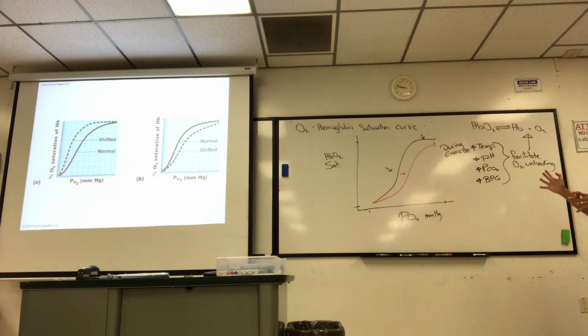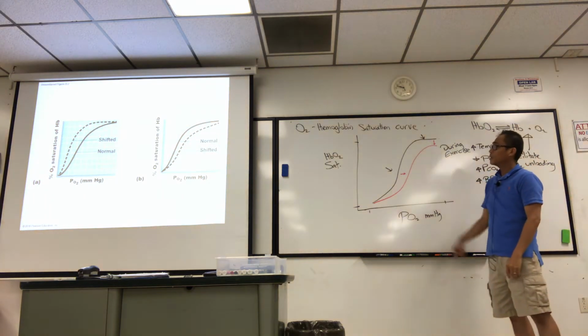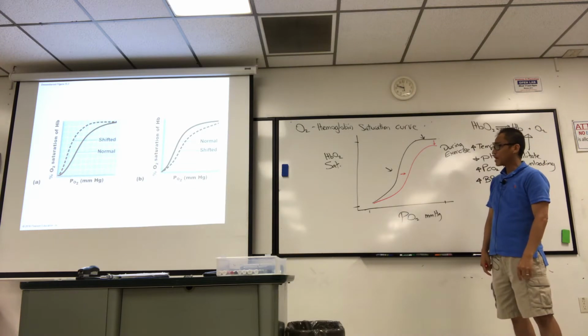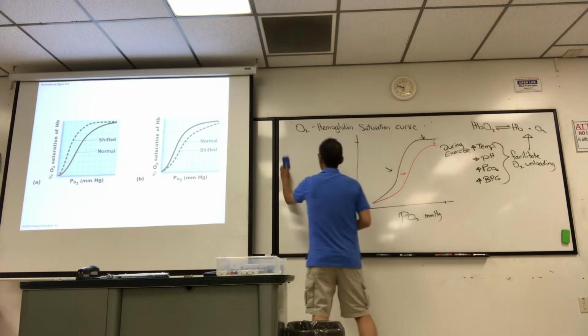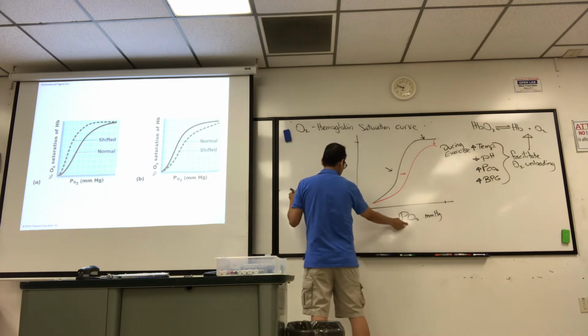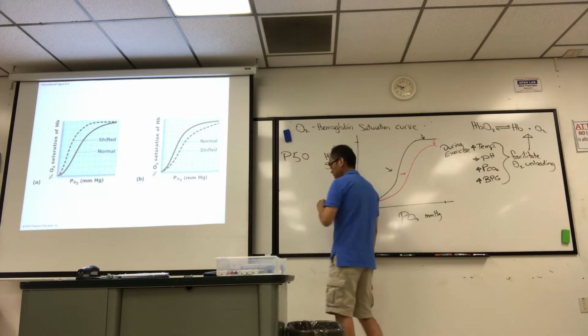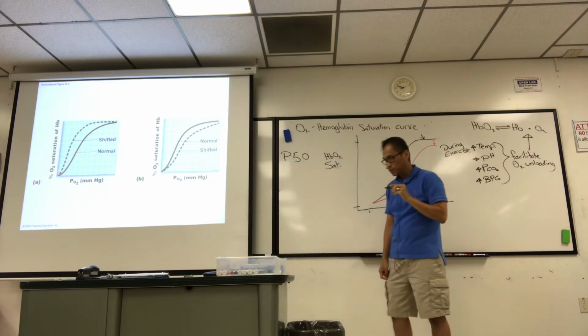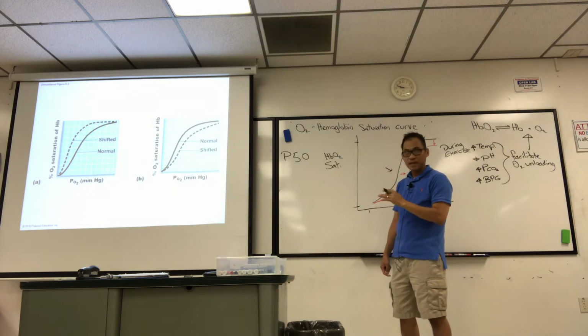Now, before I proceed, there's a normal value that acts as a baseline for our black normal oxygen hemoglobin saturation curve, and that baseline is P50. P50, to define it, is the oxygen tension, or the PO2, that provides 50% saturation.